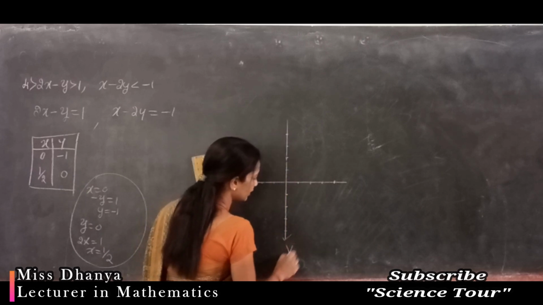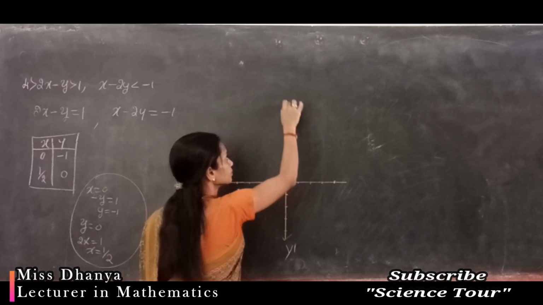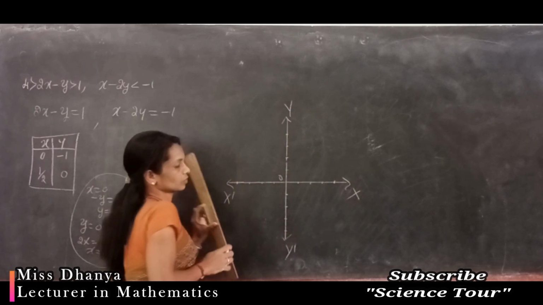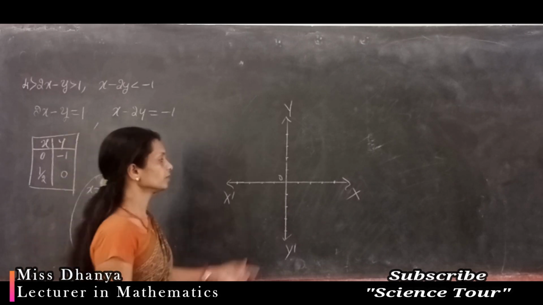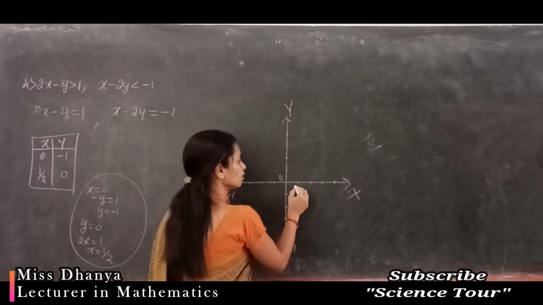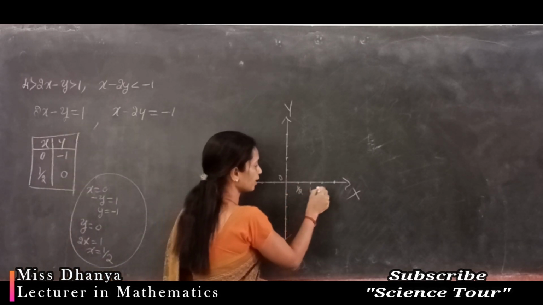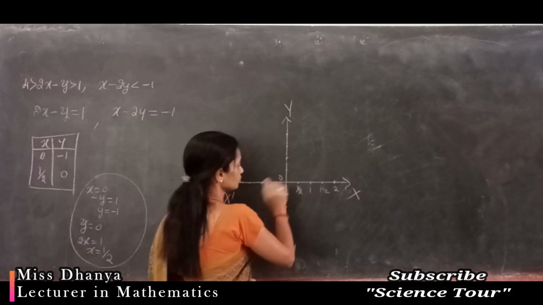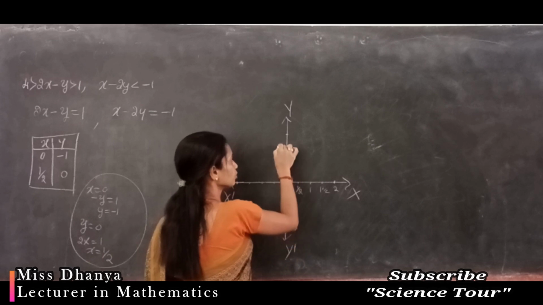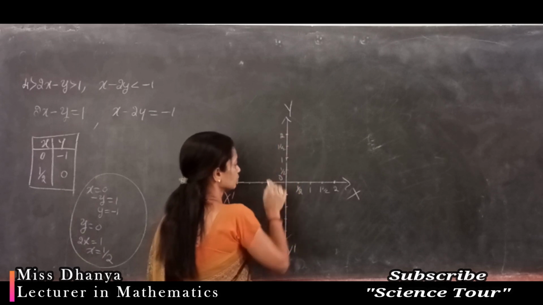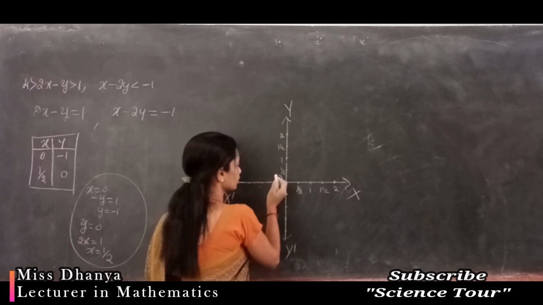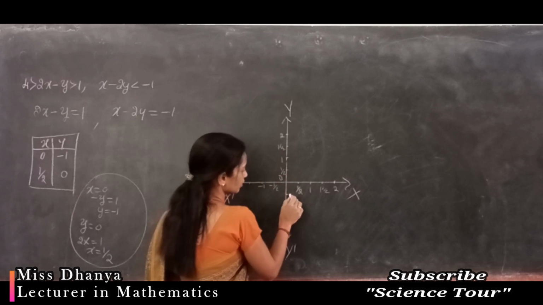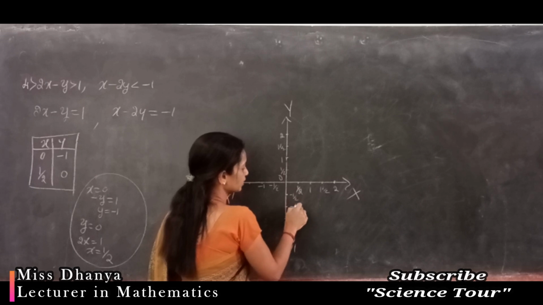Y dash O Y, X O X dash. Half, 1, 1 and half, 2. Now here minus 1, minus half, minus 1.